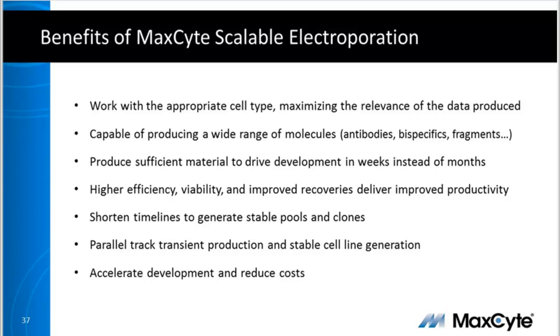In particular, the Maxcyte system transfects CHO cells with high efficiency and high viability, allowing users to screen antibody candidates via transient expression in the same cell background that ultimately will be used for biomanufacturing. Furthermore, Maxcyte users are not restricted to working with a specific strain of CHO cells, and they are free to use any commercially available or proprietary media formulations and expression vectors.